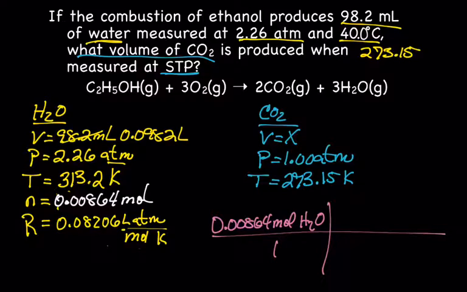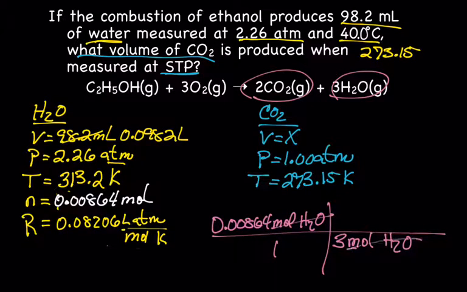Then we'll have enough information for moles of CO2 to figure out the liters of CO2. So we're interested in water, which is 3 moles, and CO2, which is 2 moles. So we'll have 3 moles of water on the bottom so that our units can cancel out, and 2 moles of carbon dioxide on the top. So now we can calculate the number of moles of carbon dioxide.